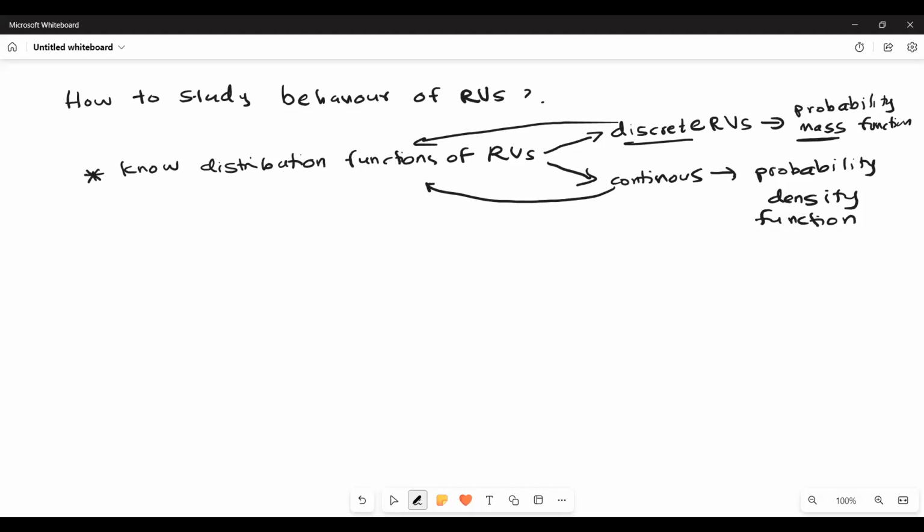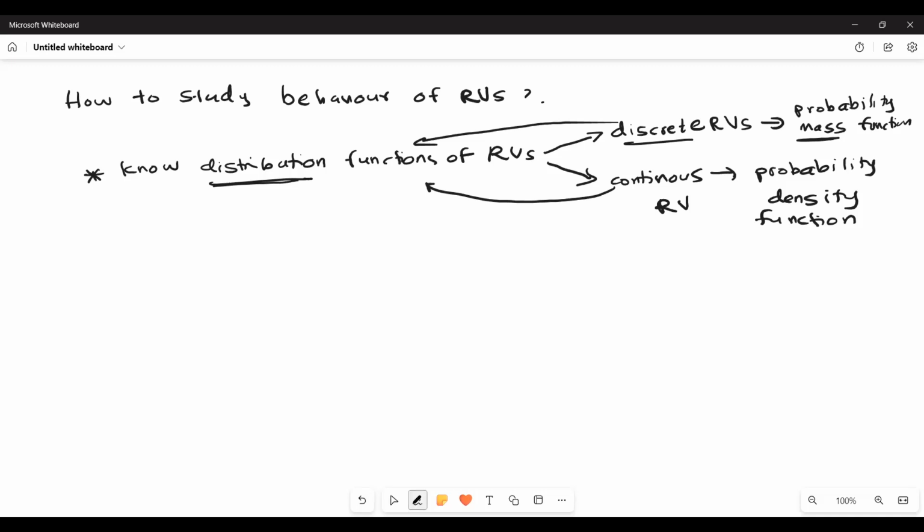Both are known as distribution functions; the name distribution is given for both discrete and continuous random variables. So for discrete random variables we use the probability mass function, and for continuous random variables we use the probability density function to study the behavior of the random variable, right?